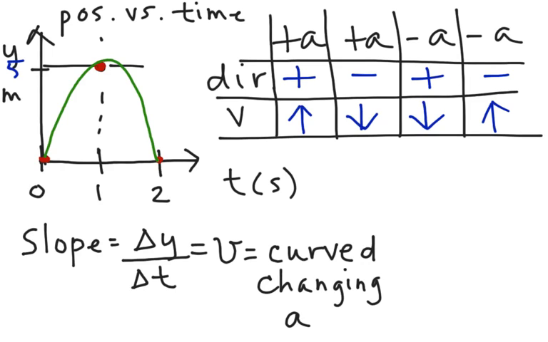So when we look back at our green curve, or our graph here, let's see if we can figure out what type of A is happening between, say, 0 and 1 second. When you look at the curve here, you can see that we're moving upwards, or what we call positive direction. So we're either going to look at this one or this one.